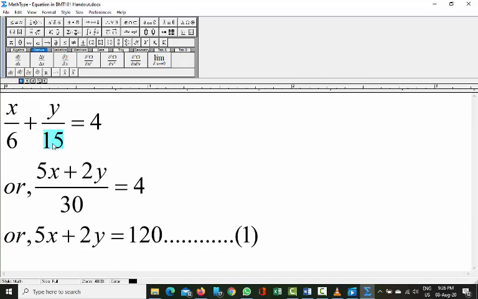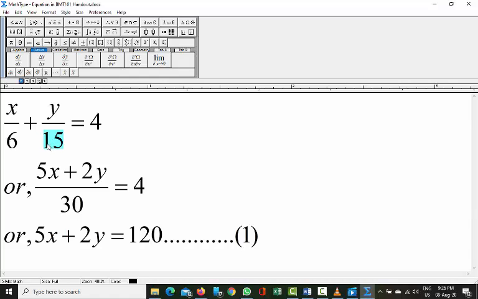Just ask yourself, can you divide this 15 by 6 without any remainder? If not, then you double it. So if you double it, we have 30.